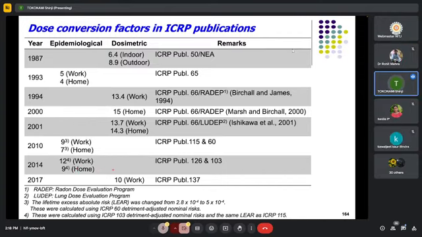The latest publication, ICRP Publication 137, based on the dosimetric approach, gave 10 millisievert per working level month at work. These are very similar to each other.